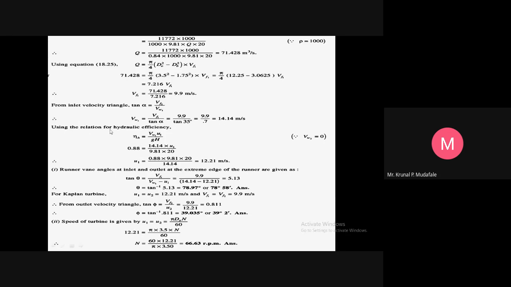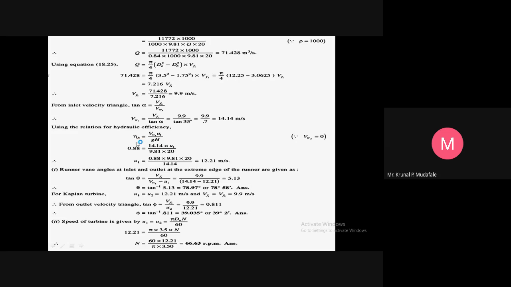Now, how can you find out again the peripheral velocity? By using the relation of hydraulic efficiency. The hydraulic efficiency of the turbine is nothing but Vw1 U1 minus Vw2 U2 divided by G into H. But here, as we know Vw2 is 0, so the formula is only Vw1 into U1 upon G into H, right?